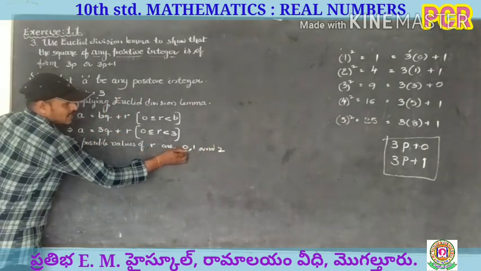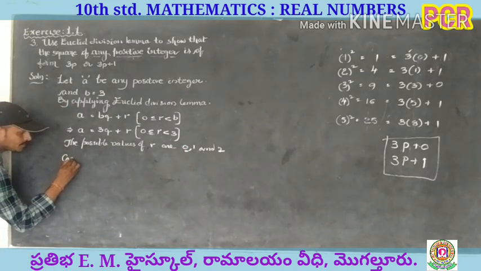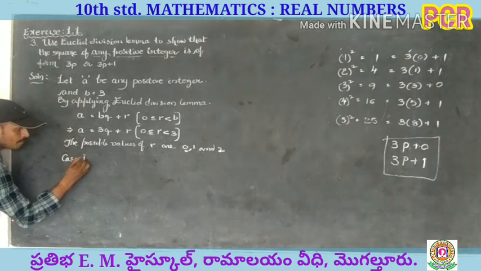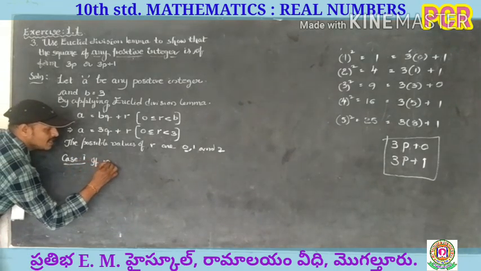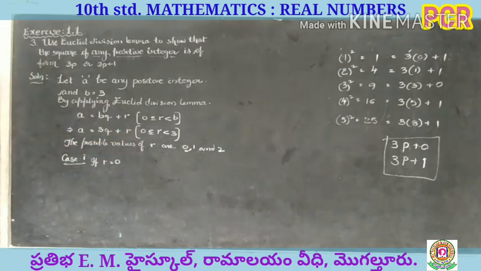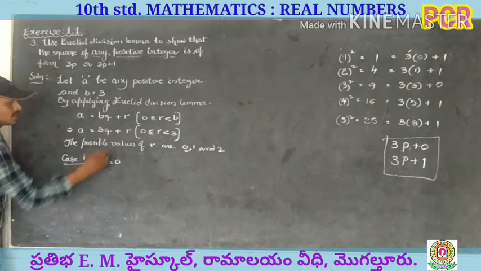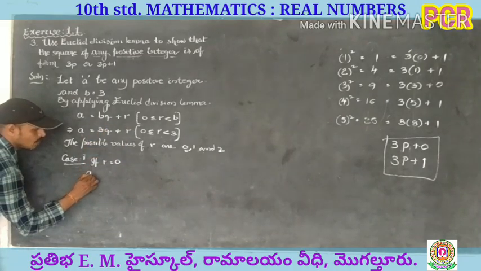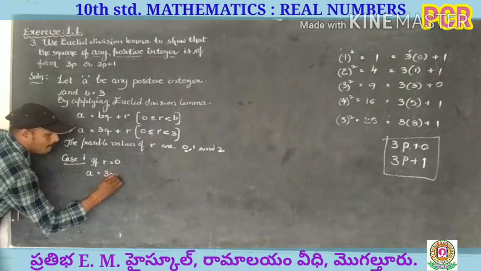In the first case, take r is equal to 0, case 1. If r is equal to 0, then what happened? Substitute the r value: a is equal to 3q plus 0, that means any positive integer is equal to 3q.